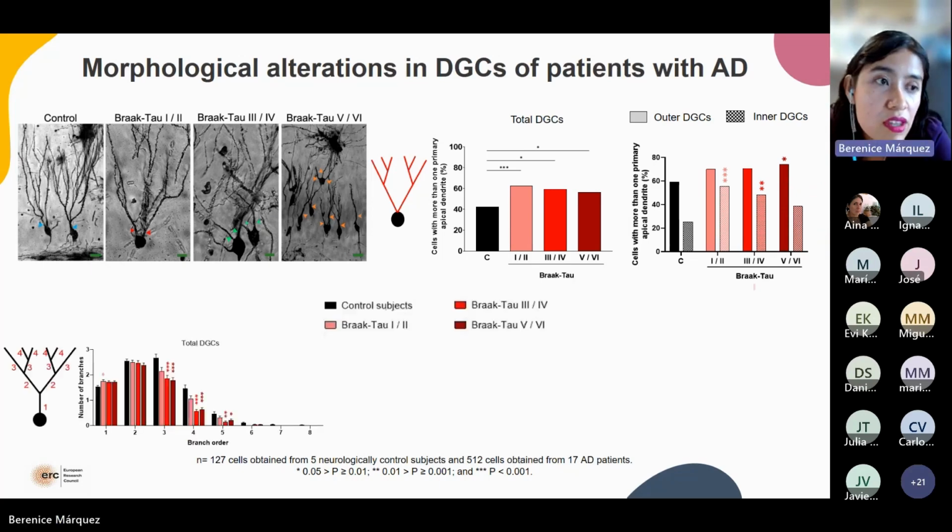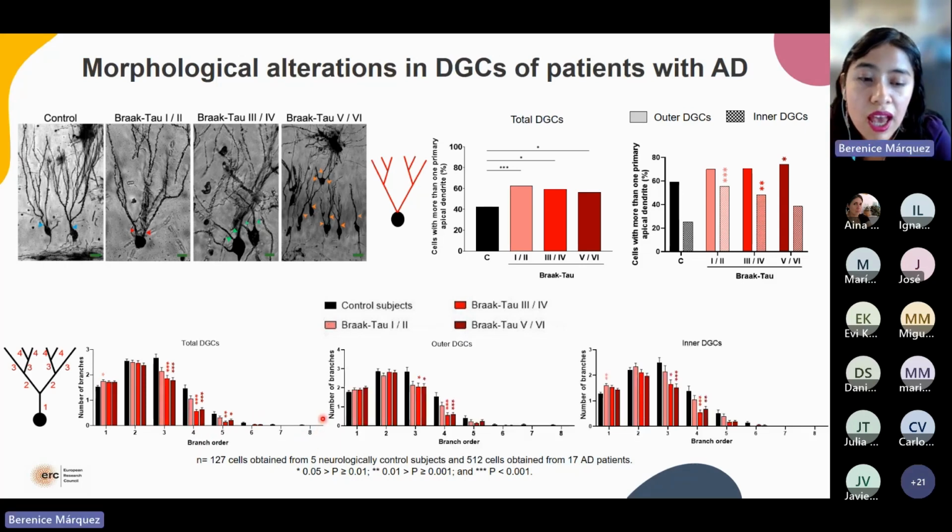Furthermore, the number of cells with dendrites in the proximal branches shows an increase at early stages, whereas the number of cells with dendrites in the distal branches is reduced at intermediate and later stages in total dentate granule cells.